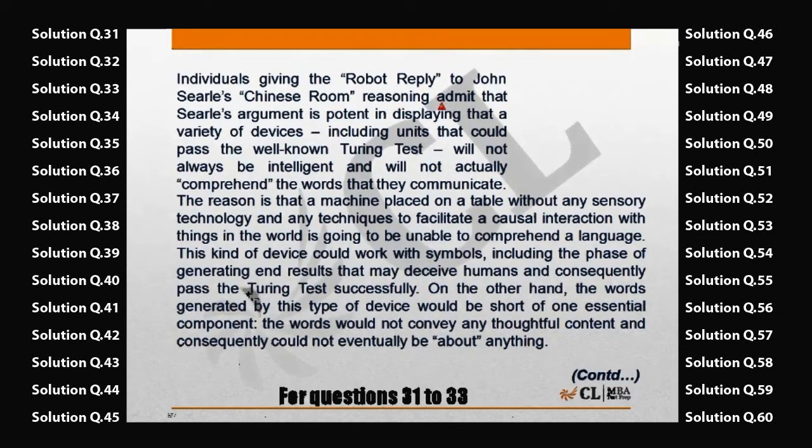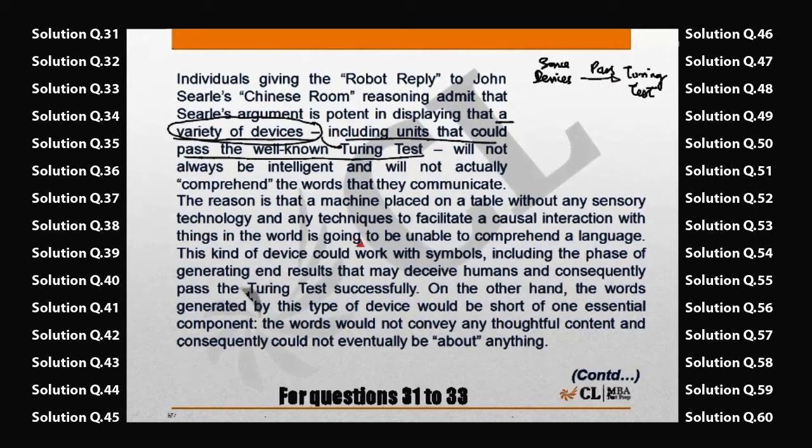Reasoning admit that Searle's argument is potent in displaying that a variety of devices, including the units that could pass the well-known Turing test... So all we know is a variety of devices, including some of them that pass the Turing test. So there are some devices which can pass the Turing test.